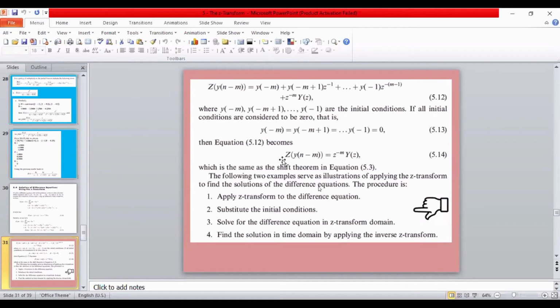Can we shift it to the left? Yes, of course we could do that. The formula will allow us to do it, but the point is we don't want to design systems that you cannot implement physically, because shifting to the left means you want to advance the signal.